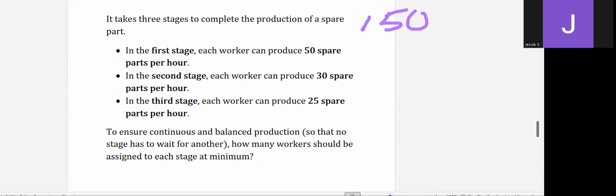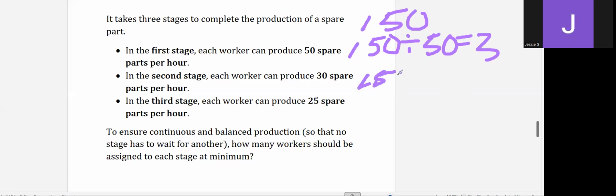All right, let's go. So now for stage one to produce 150 spare parts, we would need three workers, because one worker can make 50 spare parts, right? Then for stage two, we would need five workers to make 150 spare parts in 1 hour.